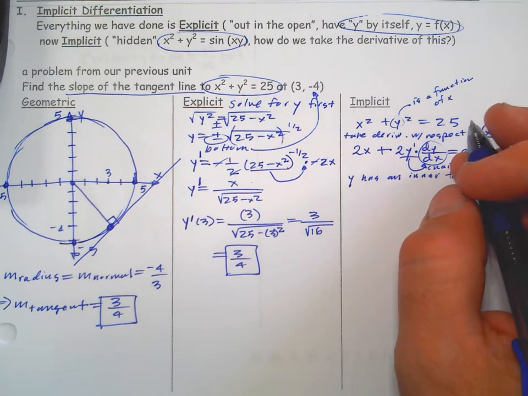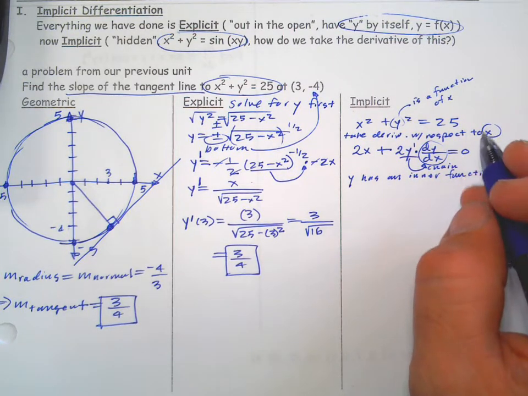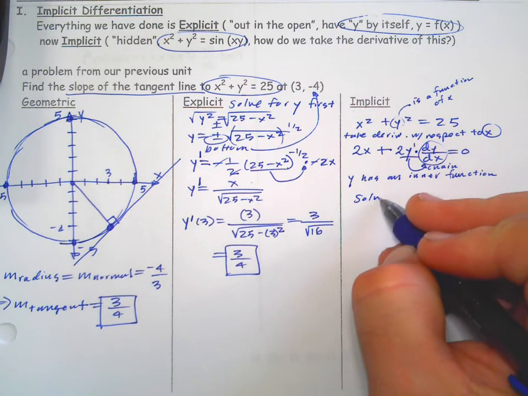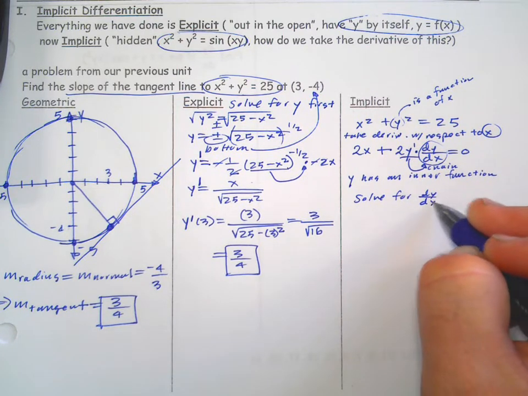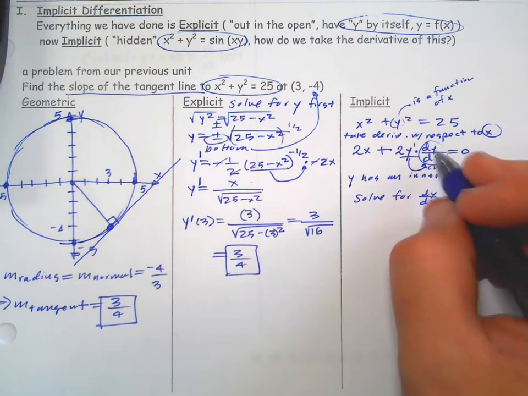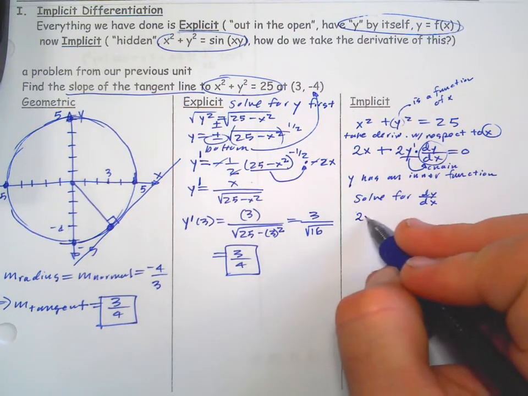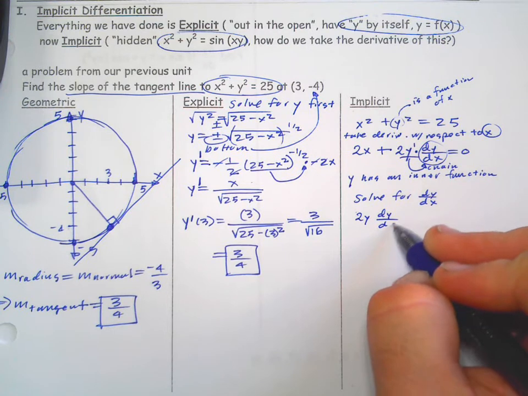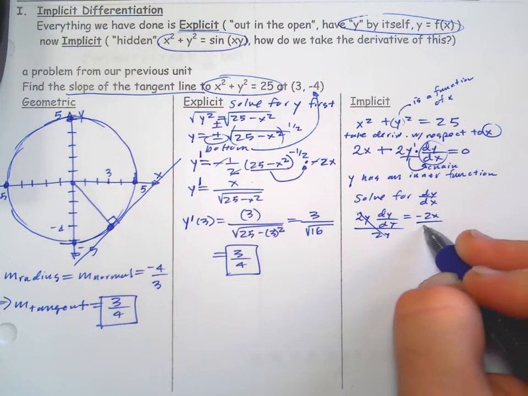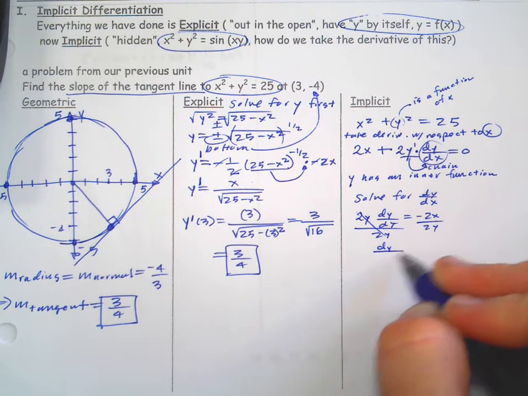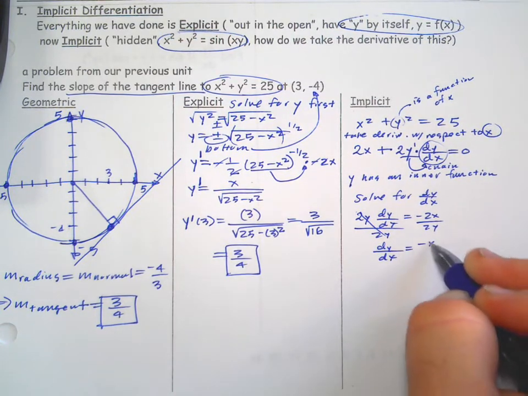So now we could solve for dy dx if we wanted, right? We could get dy dx by itself. Do a little algebra, 2y dy dx equals -2x. Divide both sides by 2y. And dy dx equals -x over y.